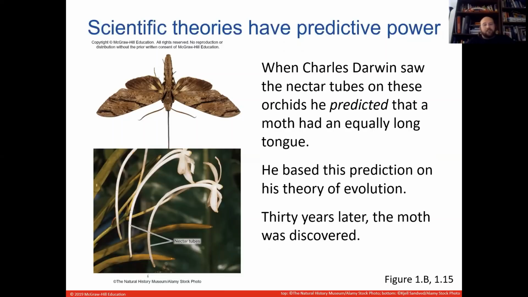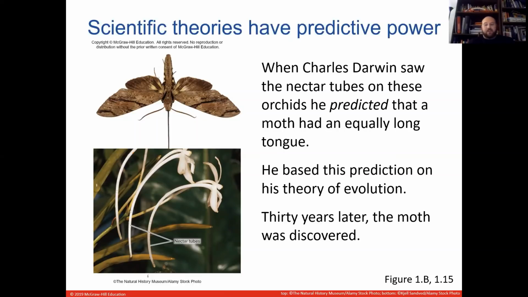Now, when Darwin saw that there were nectar tubes on specific orchids that he collected from South America, he predicted that there must be a moth with an equally long tongue, because something like this wouldn't exist if there wasn't some way to pollinate it. Based on the theory of evolution, he would expect that some moth has evolved to utilize this resource. Otherwise, this relationship probably wouldn't exist.